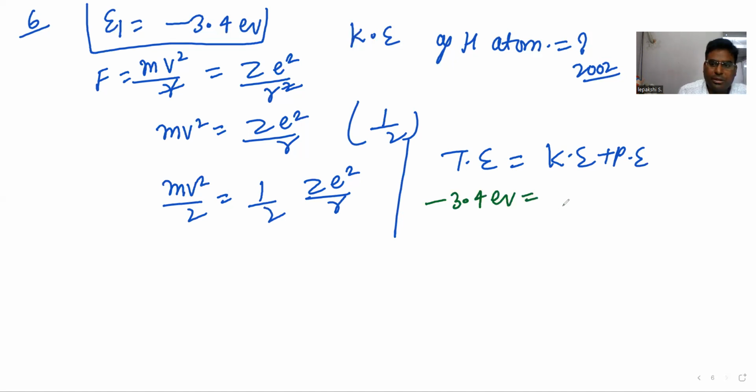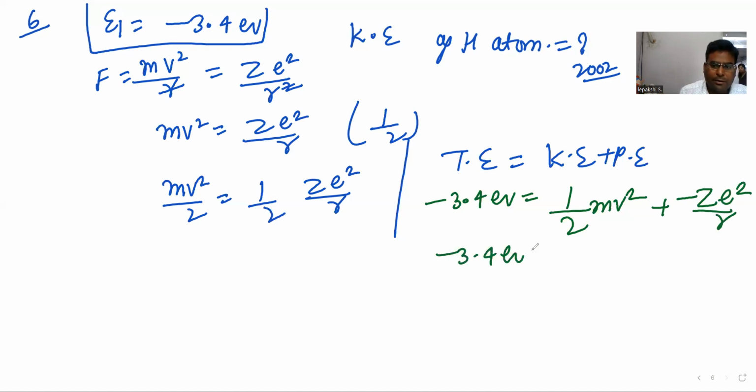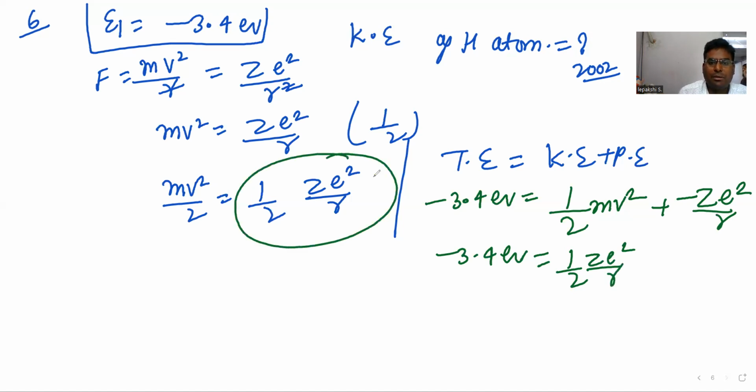So put the value of kinetic energy, 1 upon 2 mv square, plus minus of ZE square upon r. So minus 3.4 electron volt is equal to 1 upon 2 ZE square upon r, using this in the kinetic energy formula, minus ZE square upon r. Take the LCM, which is 2r.